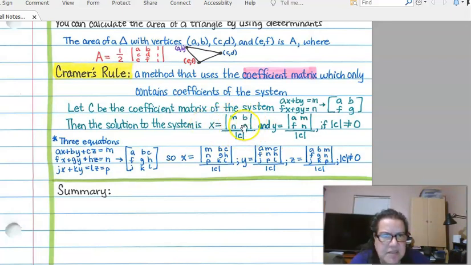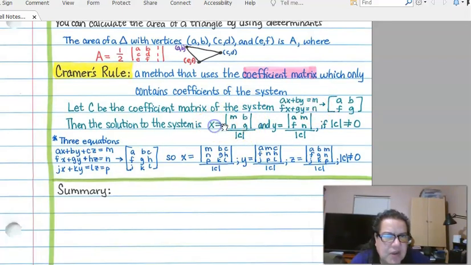To find the X and the Y value, you get these numbers from whatever the equation was. So once again, M and N are whatever numbers are to the right of the equal sign of your system of equations. And for the B and the G, you're saying, well, I'm solving for X, shouldn't I get the numbers here? No, it's the opposite.